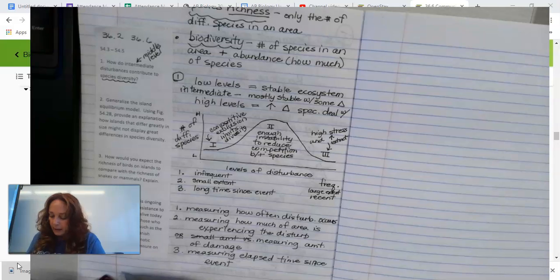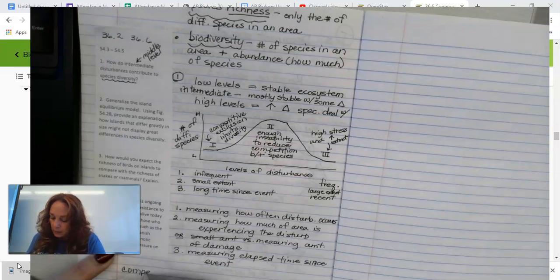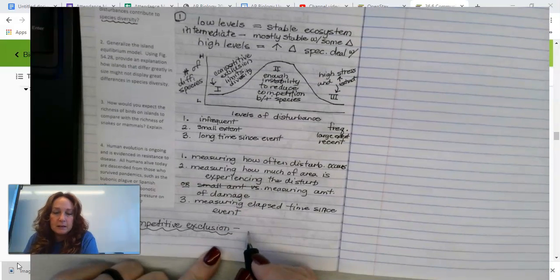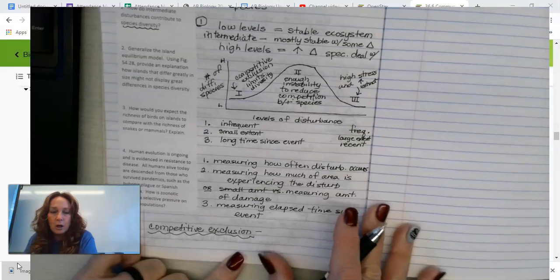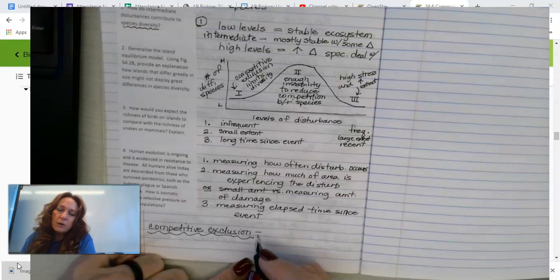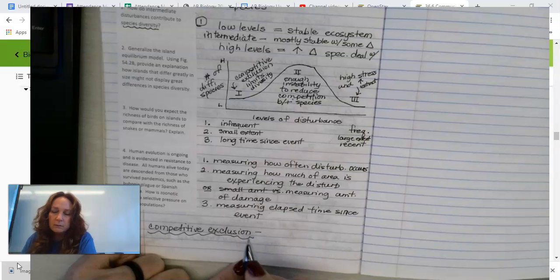So let's write what that is. Competitive exclusion. When you've got two organisms, two species, that are doing the same job, the niche, the same role in the ecosystem, one outcompetes the other. They're both not there. So there's not this, oh, can't we just live together and be happy and get along? No, not in the real world.